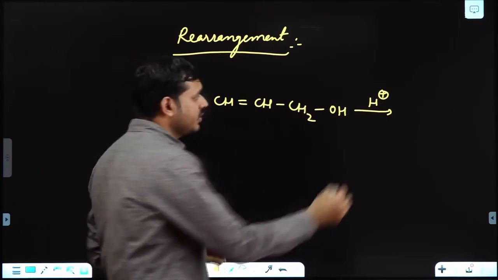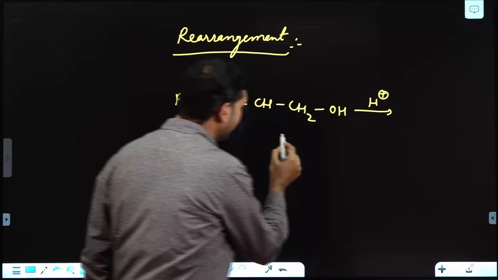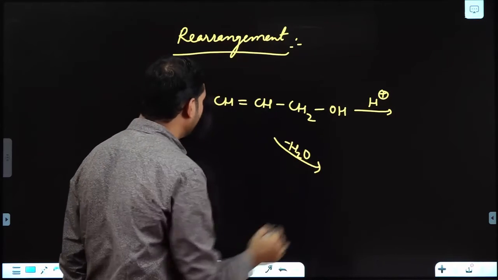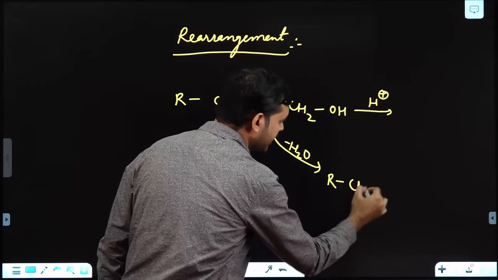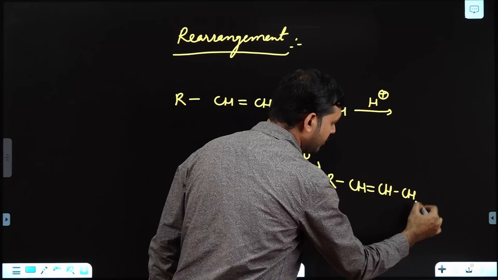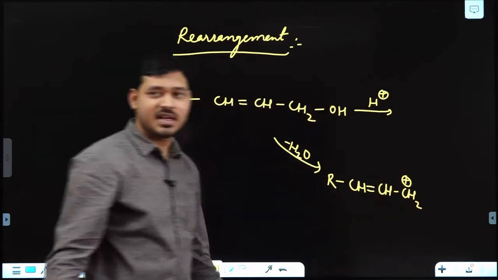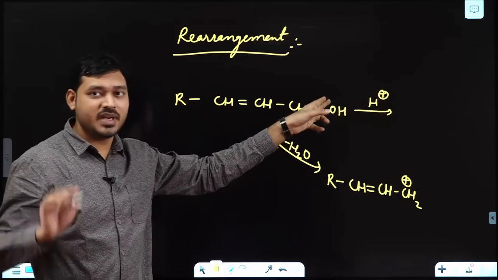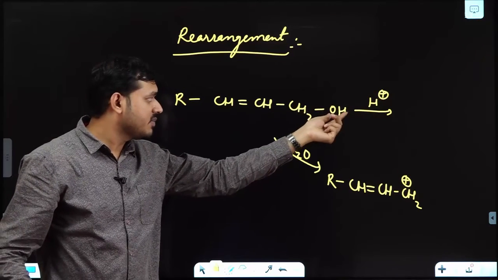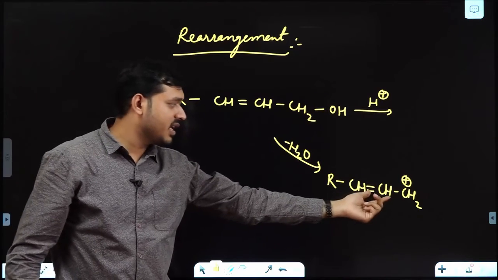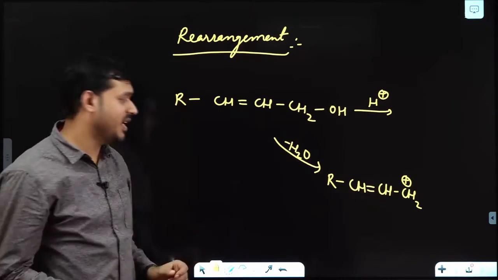Okay, so if I see, one intermediate will be generated due to removal of H2O. Okay, R, CH, double bond CH, CH2 plus. Clear? How? This H plus will attack on this nucleophilic center, then this will be H2O, then this H2O will be removed, and here you get a carbocation as an intermediate.